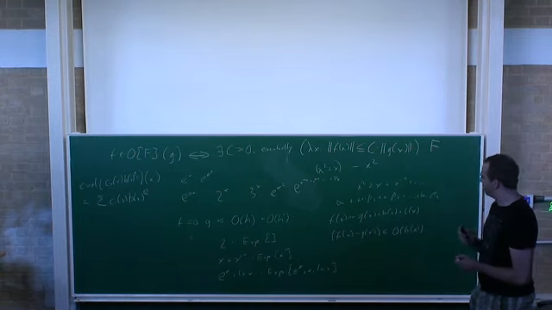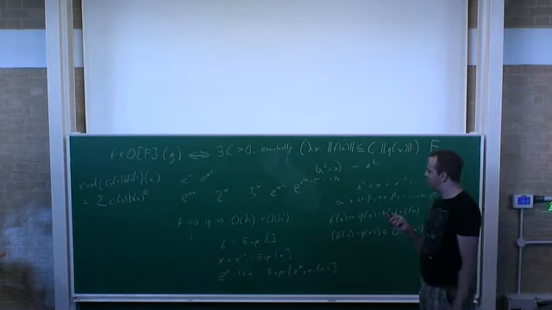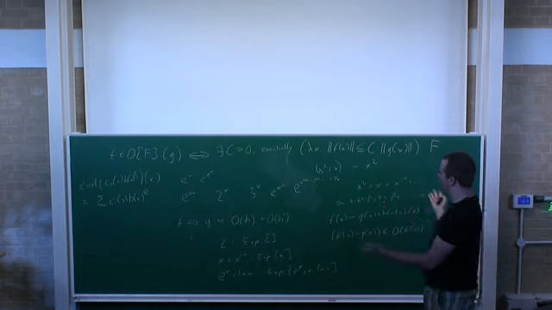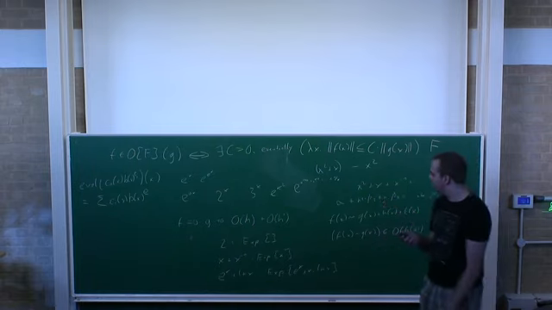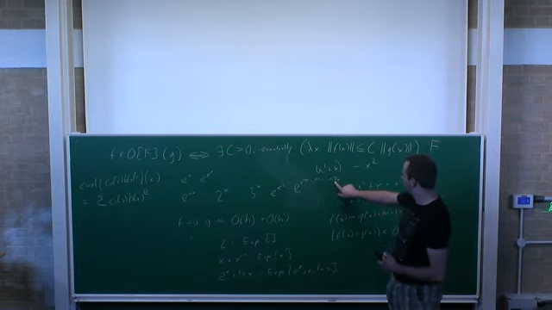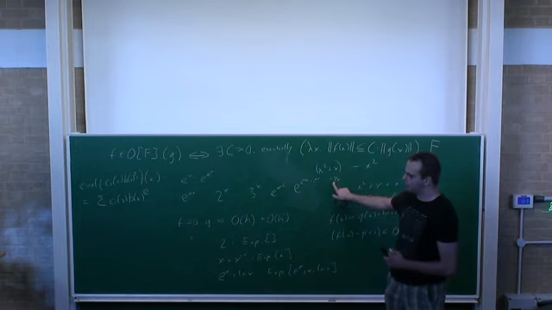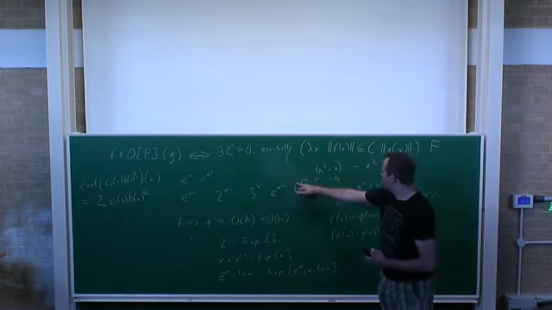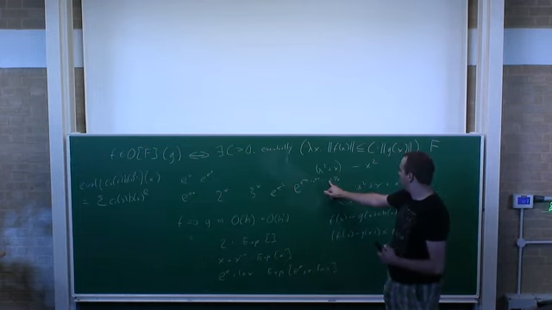So I visited Joris van der Hoeven in Paris and talked to him about this because he, I think, was one of the people who came up with this idea. And I think he always demands that no such terms are present, and he would expand this thing until here.